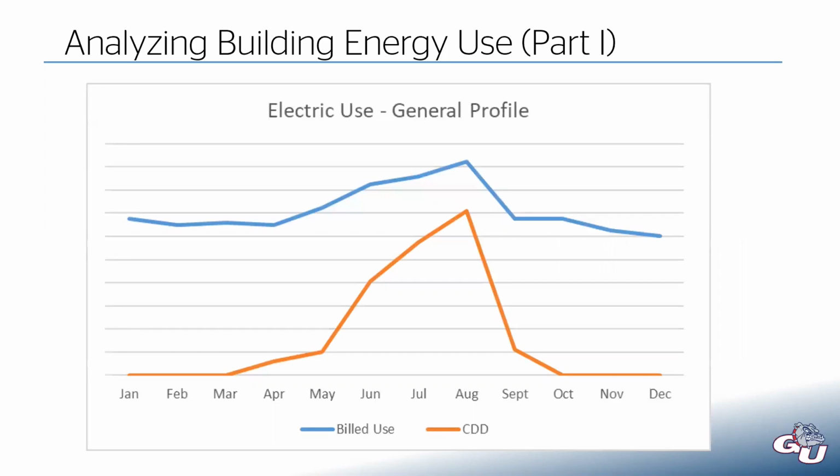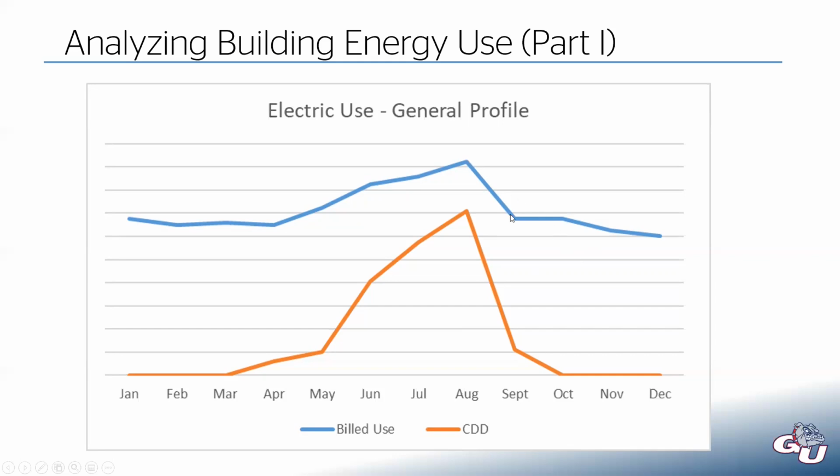This is the general profile of an electric usage on a building throughout the year. So the blue line is how much kilowatt hours they're using. And so you can see it's relatively constant in winter and spring. And then as we get into the summer months, you start to see that increase in electric use, which is due to the air conditioners.